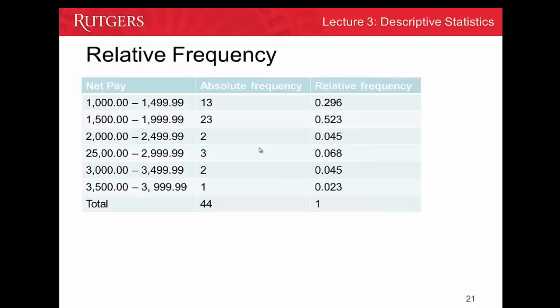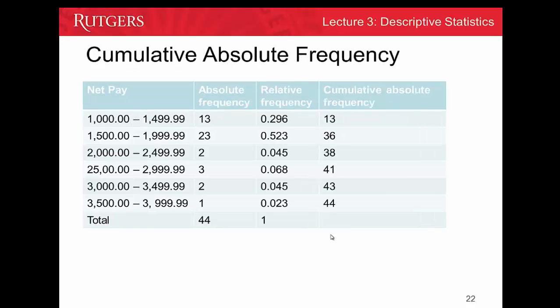The next thing is the relative frequency for the quantitative data. It's the same as the relative frequency for the qualitative data, just for each group of the quantitative data. We can also see that the sum of all the relative frequencies equals 1.